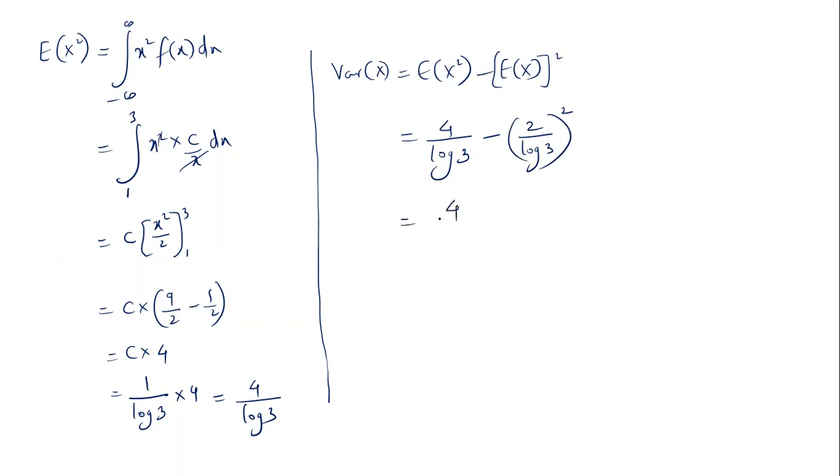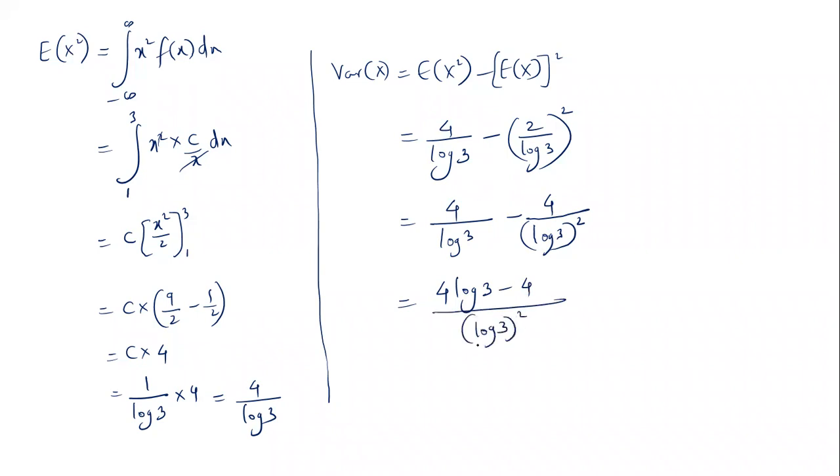Now if you want to take the LCM, this will be 4 upon log 3 minus 4 upon log 3 square. There is an extra log 3 over here, so we take the LCM and get 4 log 3 minus 4 upon log 3 the whole square. If you take 4 common, you get 4 times log 3 minus 1 upon log 3 the whole square. That's your answer.